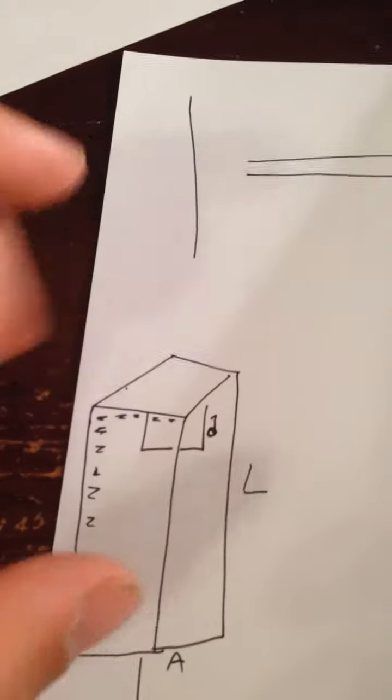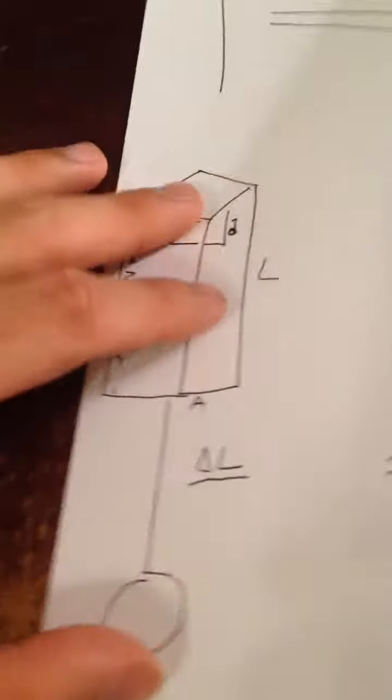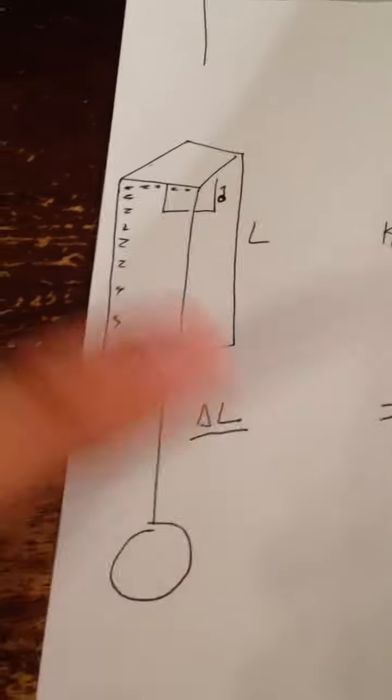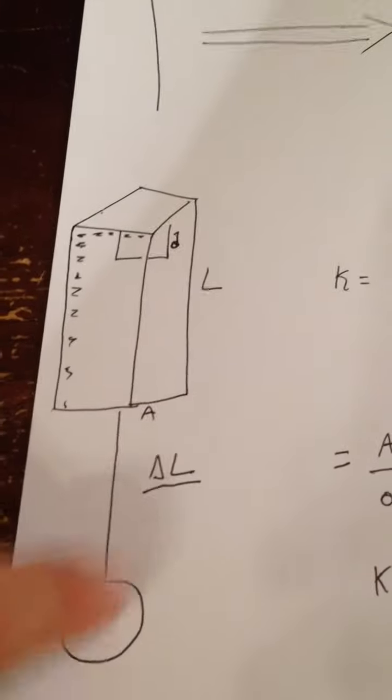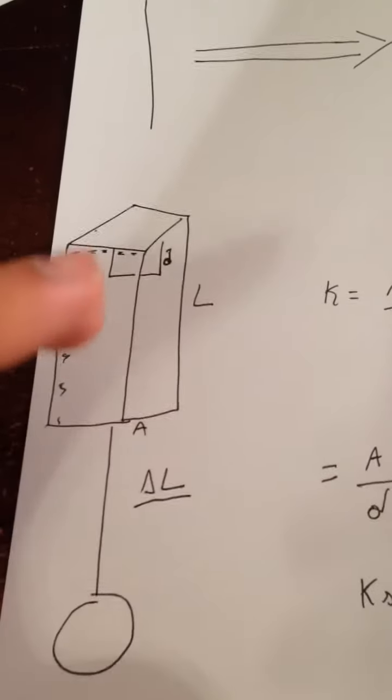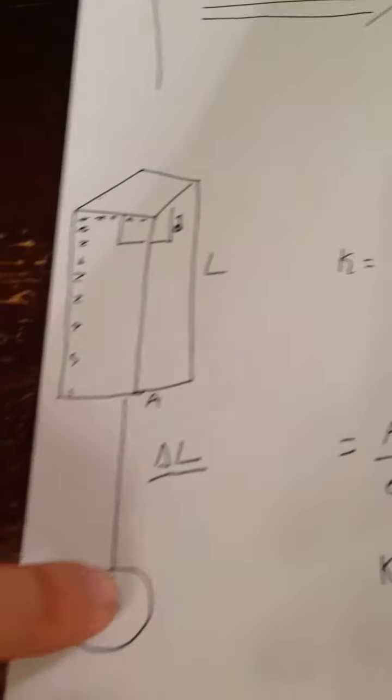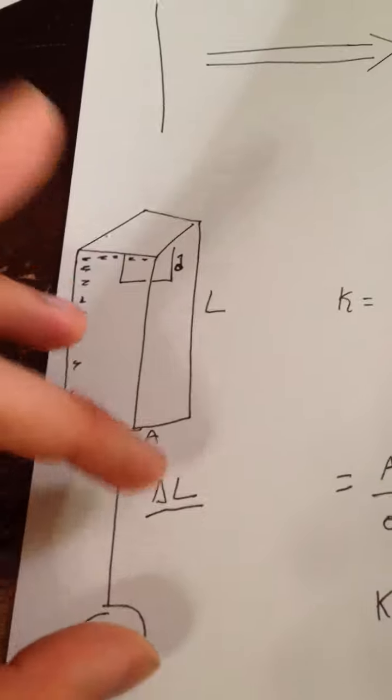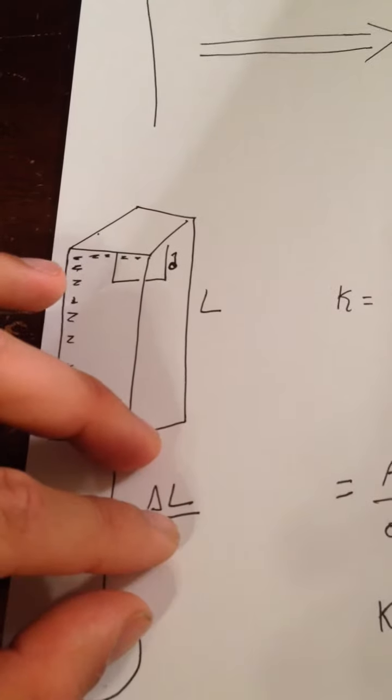And in this spring, I'm going to put a weight this way right here. And right now, I don't really care what mass this weight has. So when I put this weight, my spring will stretch this much, and that will be my stretch.